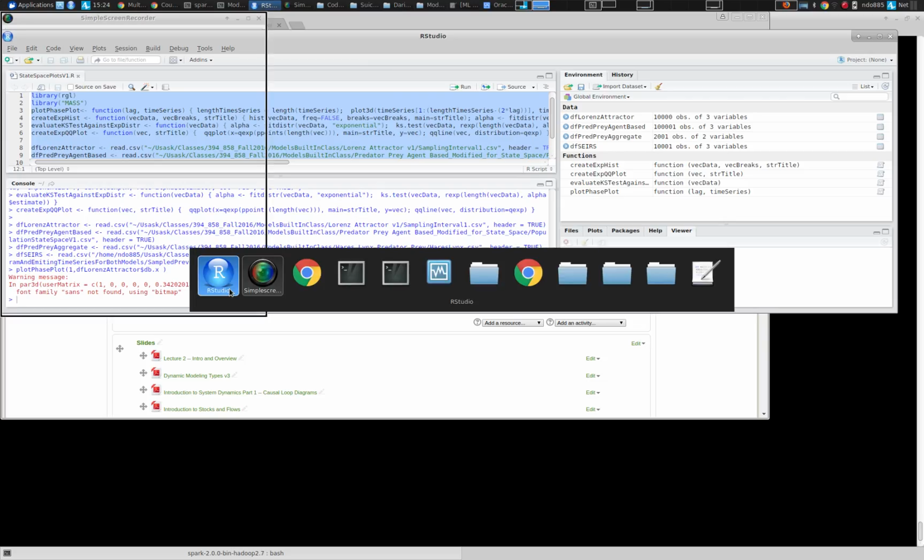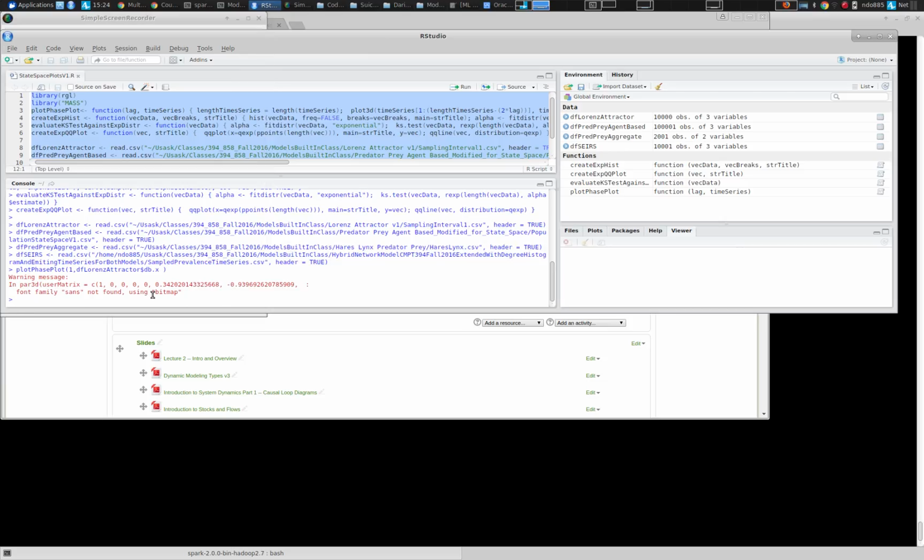I will further look at some of these other state spaces, okay? So for example, we might look at the predator-prey aggregate space in this depiction. So here I'm going to do the predator-prey one. And we've seen that already on the graphs, but here we go.